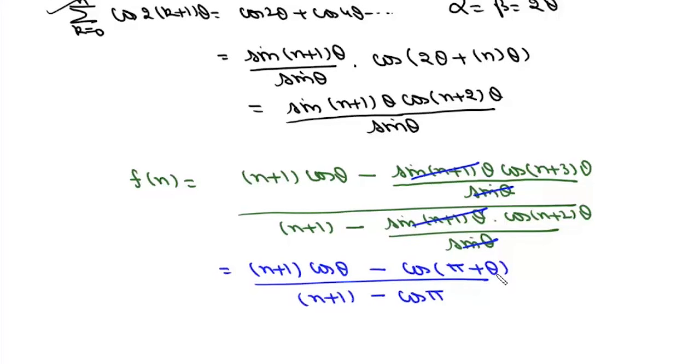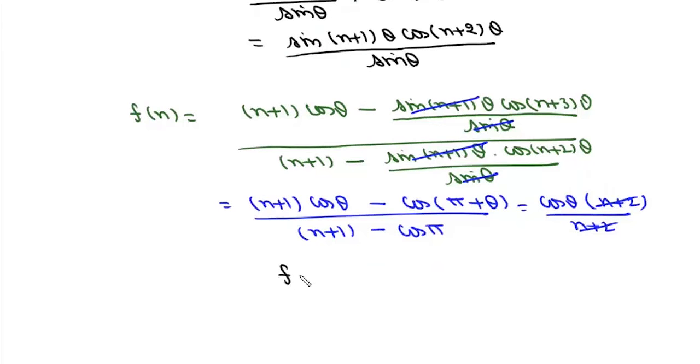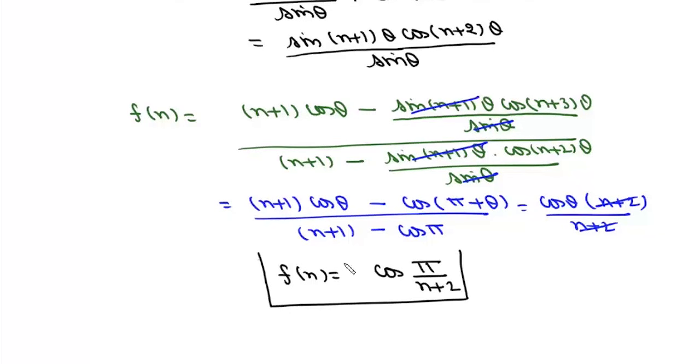Now cos(pi plus theta) is minus cos theta, so here it will be minus minus plus. So we can write this as cos theta into (n+2) upon (n+2), and the (n+2) will also cancel. So basically this function f_n will be cos(pi upon n plus 2).